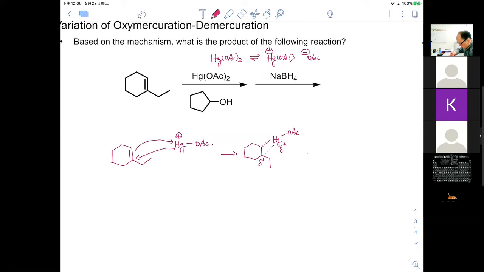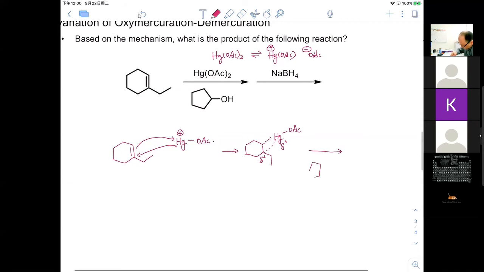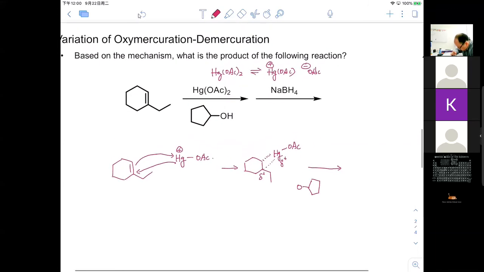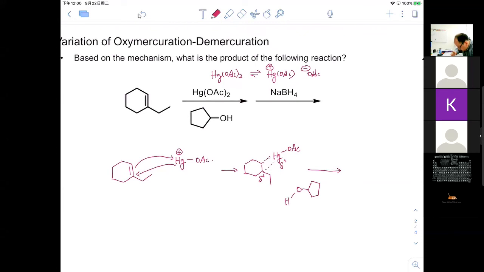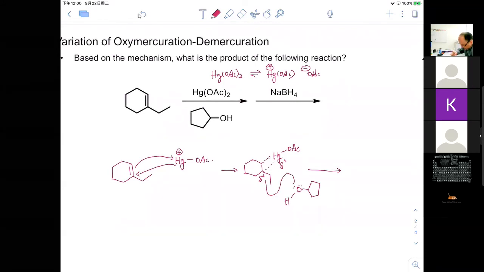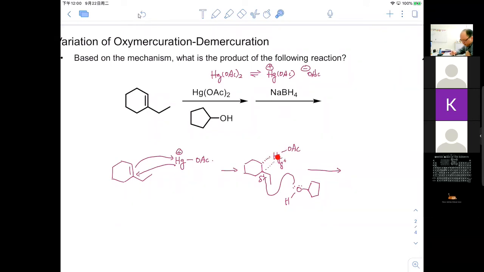So we have our nucleophile coming up. Okay, the nucleophile is here, which has a lone pair. It will attack at this carbon, but the attack will be on the opposite side of the mercury. Okay, as we drew the mercury here in the back of this paper, so the OH will attack from the above.